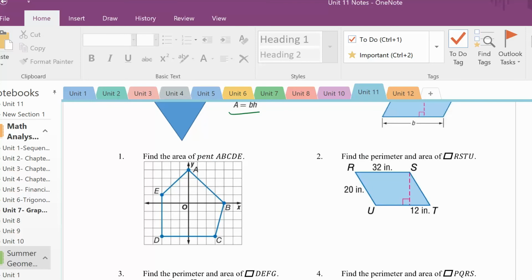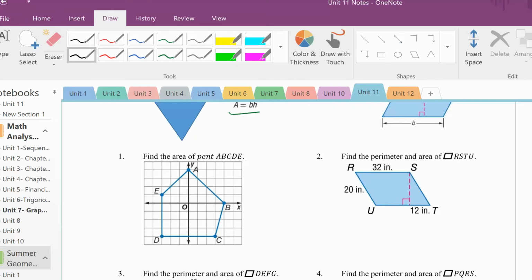So to find the area of the pentagon, here we can divide this up into a couple different figures. We can divide it up into a rectangle and two triangles. So here is the first figure in yellow right here.